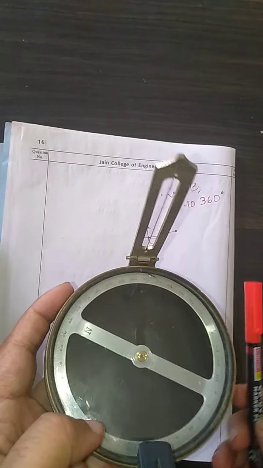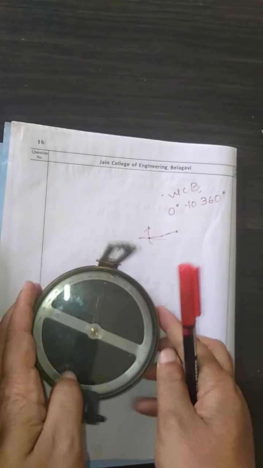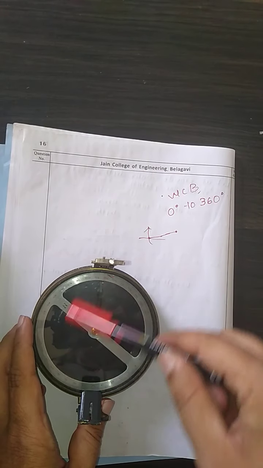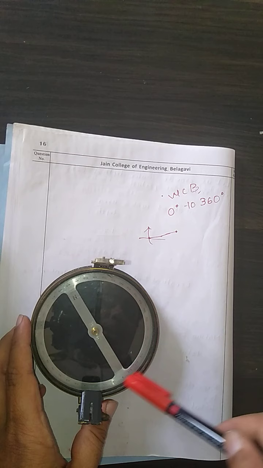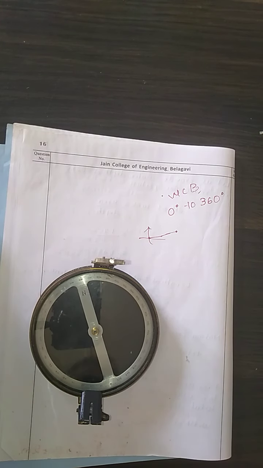When they coincide with each other, whatever reading you get on this graduated ring, you are going to note it by using the prism.